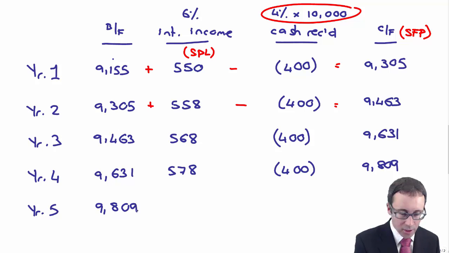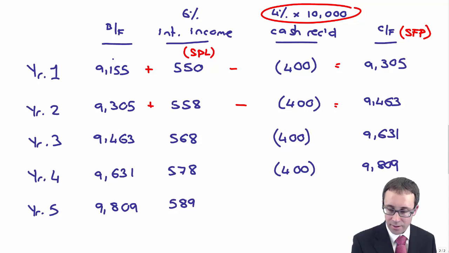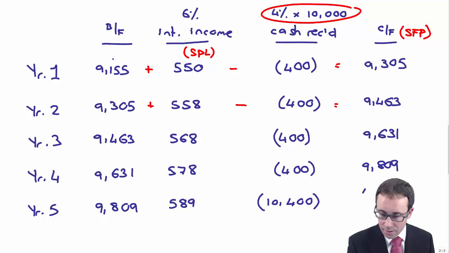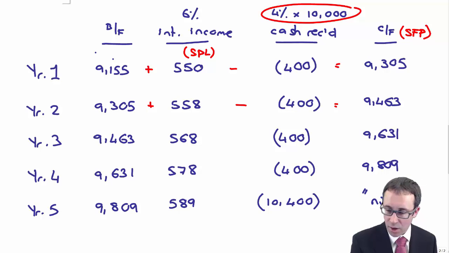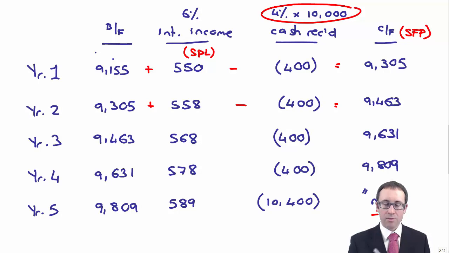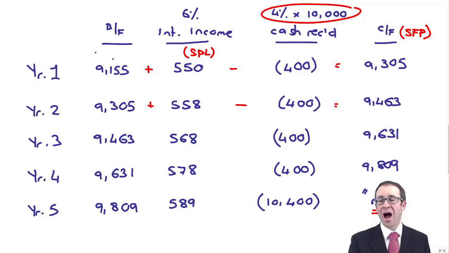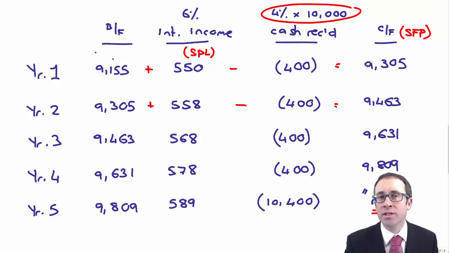I take the 9,809. I think the interest income is 589. I deduct not just the 400 in the last year, but also the 10,000 because that is what I receive at the end. And that comes down to, I'll put it in inverted commas, nil, because I don't think it's exactly nil, is it? The reason why is that there is a little bit of rounding here or there, but it's pretty close.